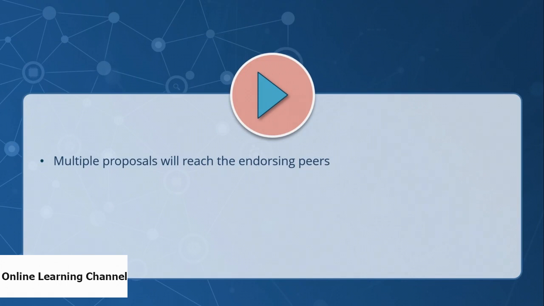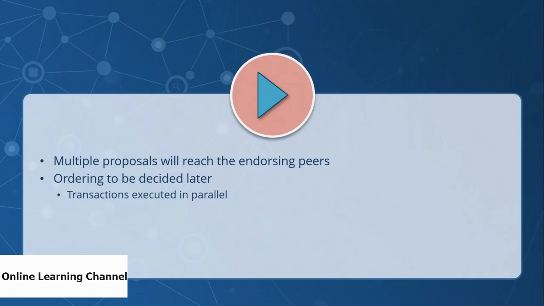Well, given that the ordering of those will be decided at a later point in time, those transactions can just be executed, and this execution can happen in parallel. Once again, just to emphasize the difference between Hyperledger Fabric and Ethereum, for example, because the ordering happens after the execution of a transaction, parallel execution is possible, and this greatly increases the throughput of Hyperledger Fabric.